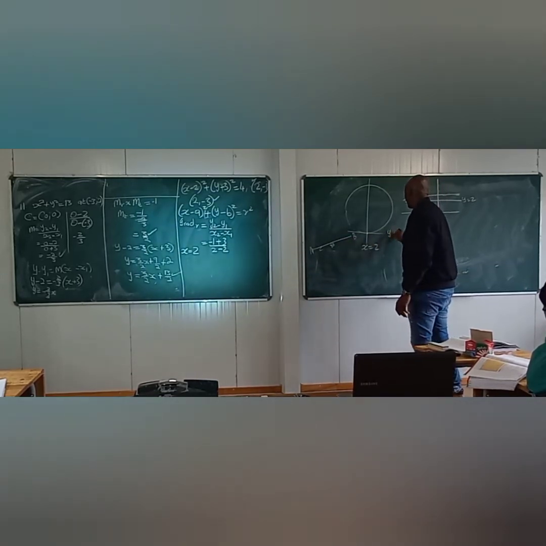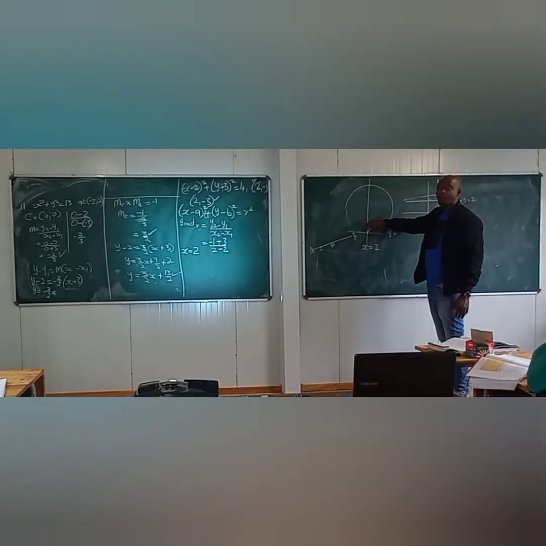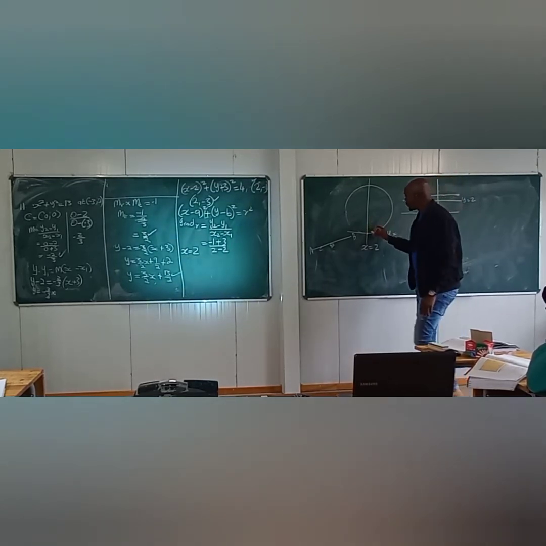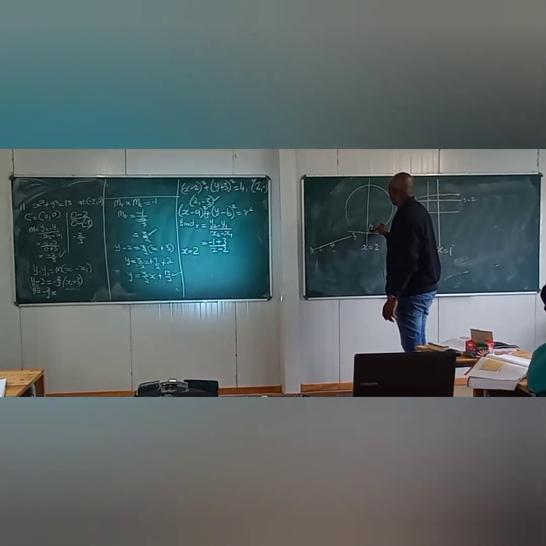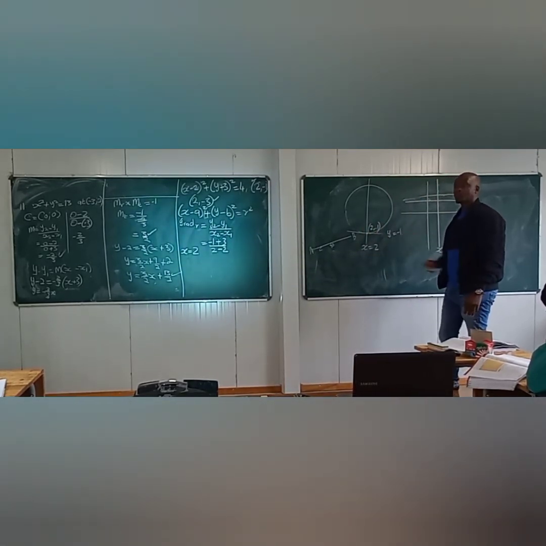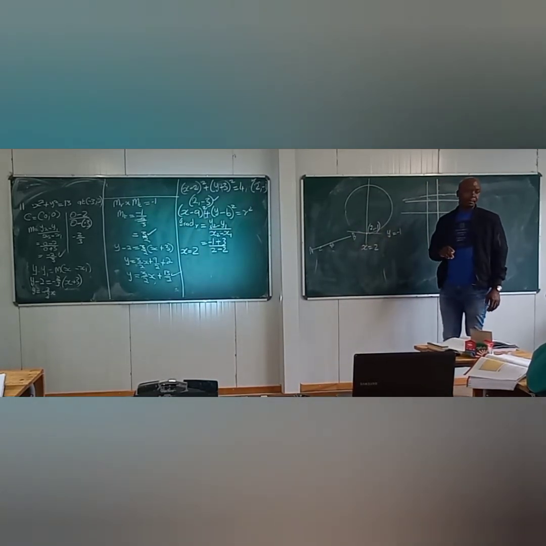A horizontal line is the line y equals a number, not 2, it's the y value. The point here is (2; minus 1), so the line is y equals minus 1.